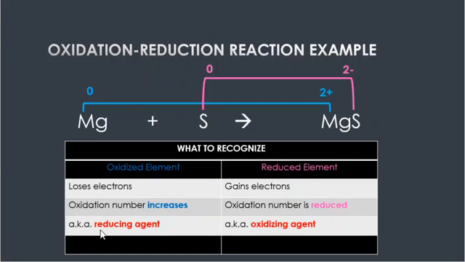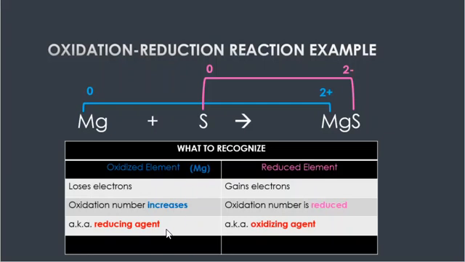And also, this is new, we call the oxidized element the reducing agent. Now, it's assigned that name of reducing agent because as this element is losing electrons, it is helping the other element gain electrons or become reduced. So that's why it's given the label agent, reducing agent.